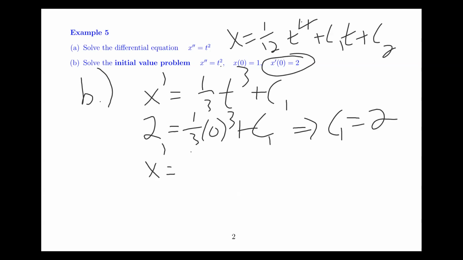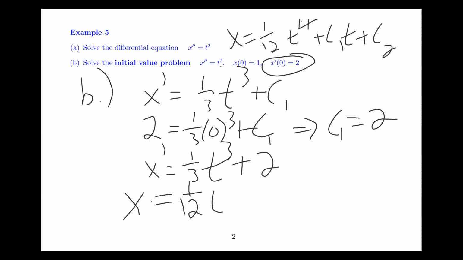So x prime is equal to 1/3 t cubed plus 2. Also, we know then that x is equal to 1/12 t to the 4th plus 2t plus c2. And then we can plug in x of 0 is equal to 1.